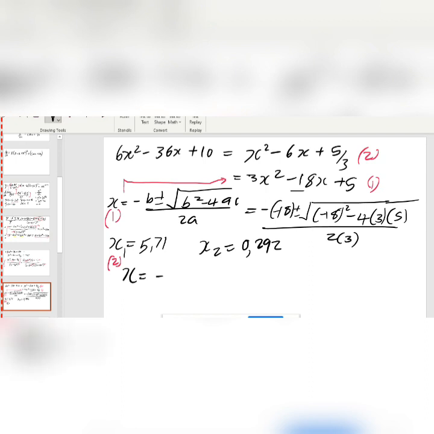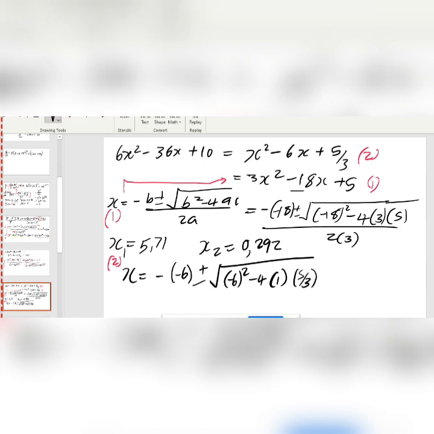Then let's solve the other one using the other values. We'll say minus into minus 6, plus or minus root of your b, which is minus 6 squared, minus 4 into a. What is your a? Your a is 1, and your c is 5 over 3. Then all divided by 2a, where a is 1.